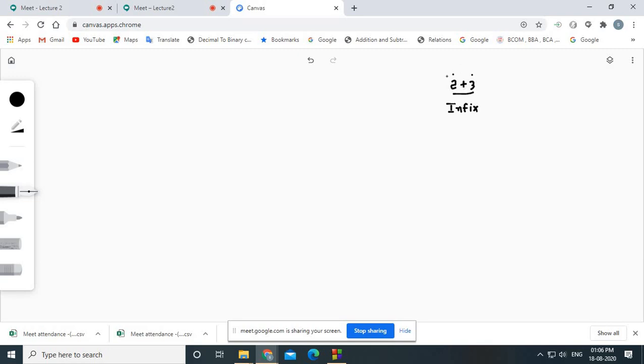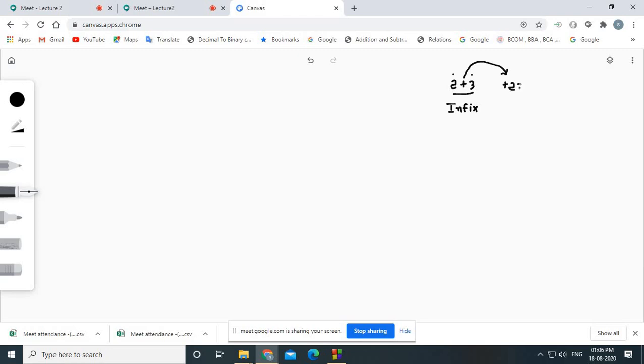But if you want to evaluate this, if you want to make a circuitry so that this type of expression is evaluated by the circuitry, then it is very difficult to make a circuitry for evaluation of an infix expression. So normally what we need to do is convert the expression entered by the user into this type of expression, which is plus 2 3.